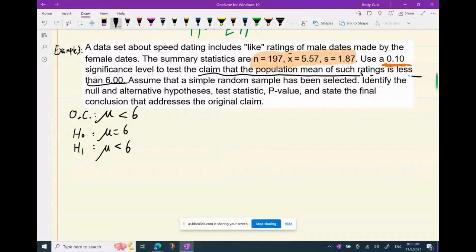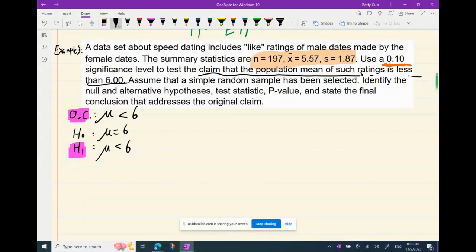How do we know that? Again, the original claim is either equal to the null or exactly the same as the alternative. Since the original claim is not equal to the null in this case, the original claim has to be the same as the alternative. So the alternative here is the original claim.